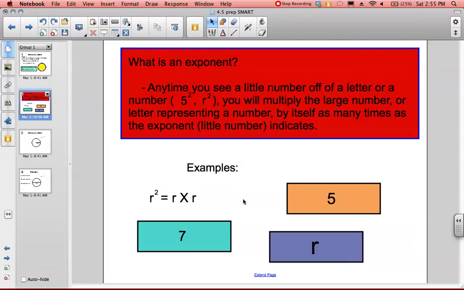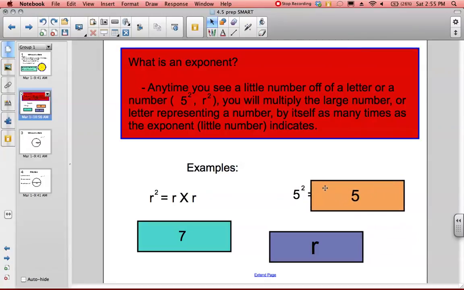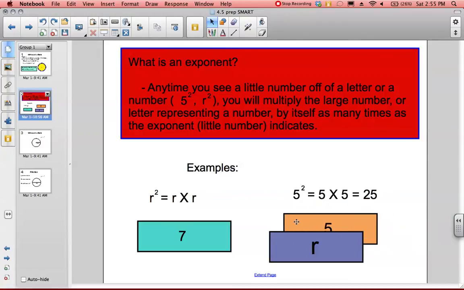But all we're going to worry about right now is squaring a number, and when you square a number, r squared, you multiply r by itself twice. Another way to show that is with 5, the other example I used. So 5 squared is the same thing as 5 times 5, or 25.